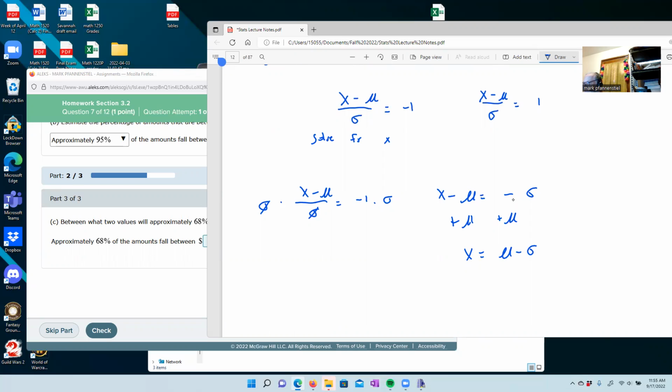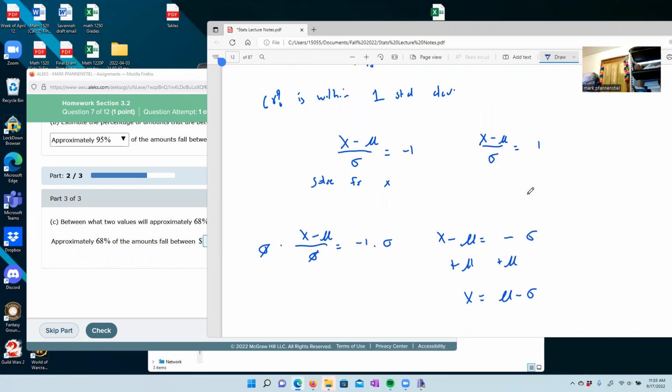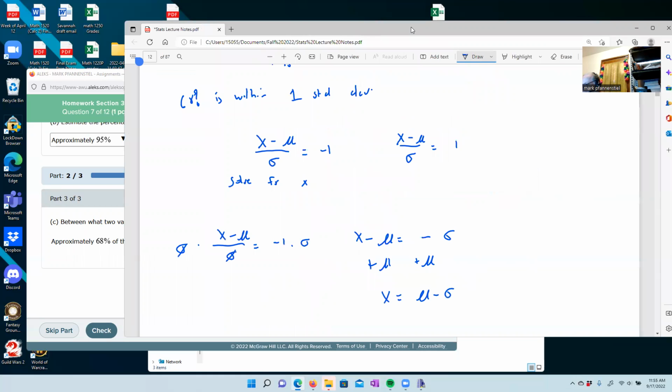Okay. If I do the +1 side, we have the same idea. We have x minus mu over sigma equals 1. Remember, this is the average, this is the standard deviation, the little sigma.